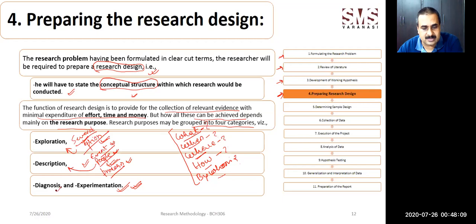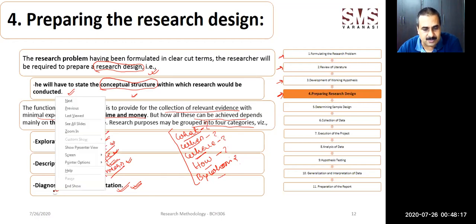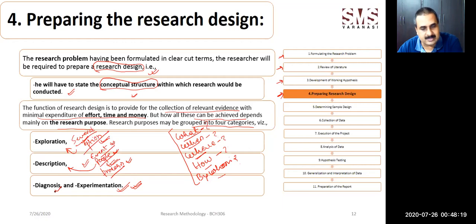Third one is diagnosis. On the basis of parameter matching, means some benchmarks are there, we measure performance against that benchmark, and then we diagnose things and come out with the result. And experimentation means we try to establish a cause and effect relationship.